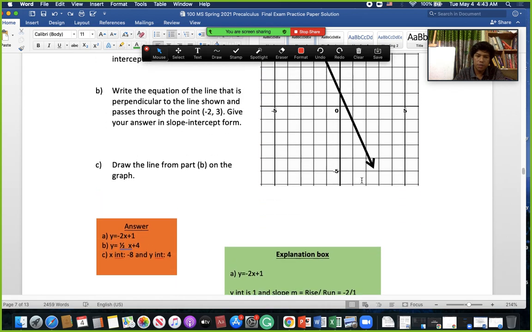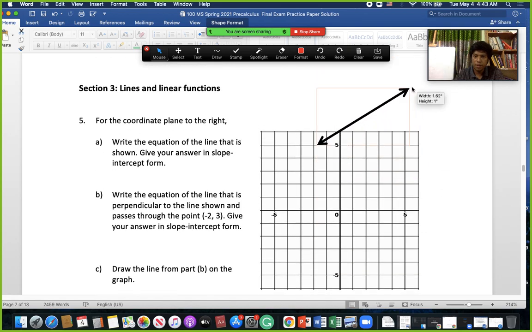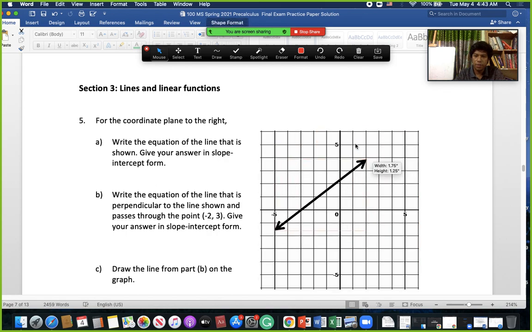This question was actually a little bit different in the paper that you have. The question was something like this, something like at 4 maybe, something different.